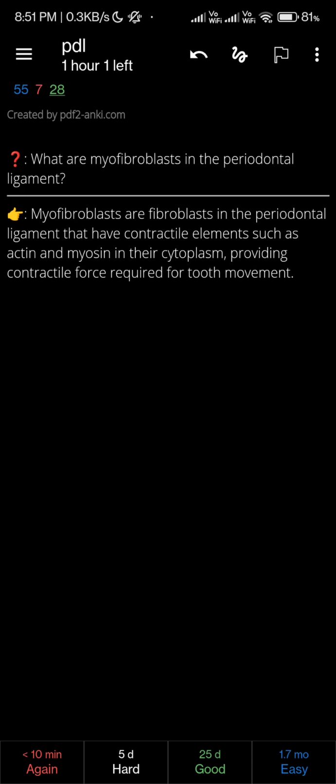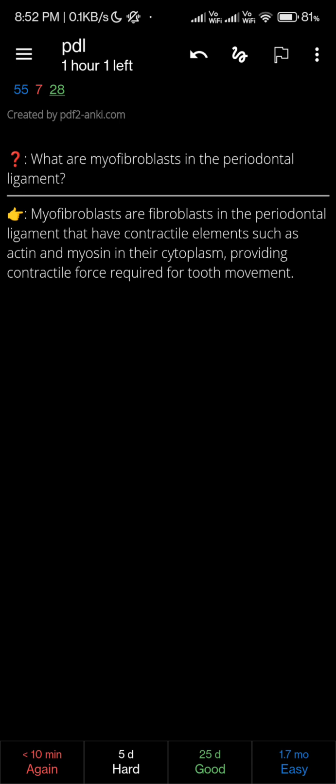What are myofibroblasts in the periodontal ligament? Myofibroblasts provide the contractile force for tooth movement.